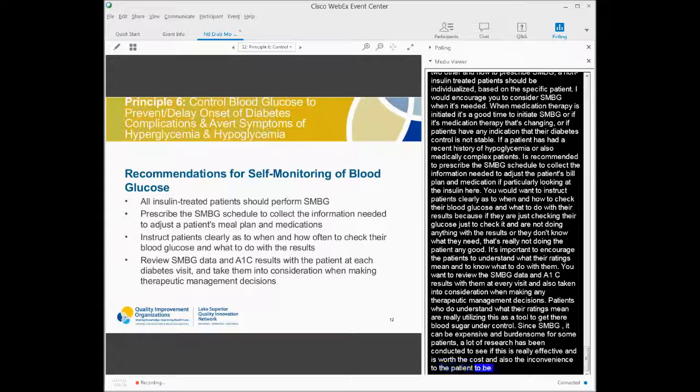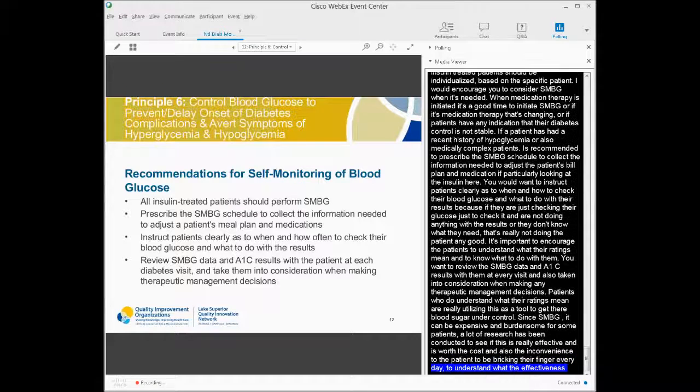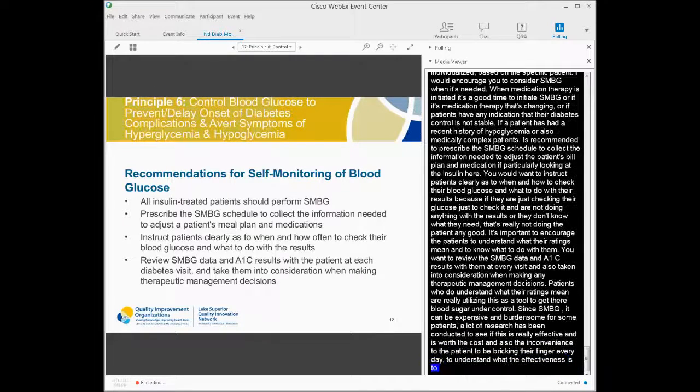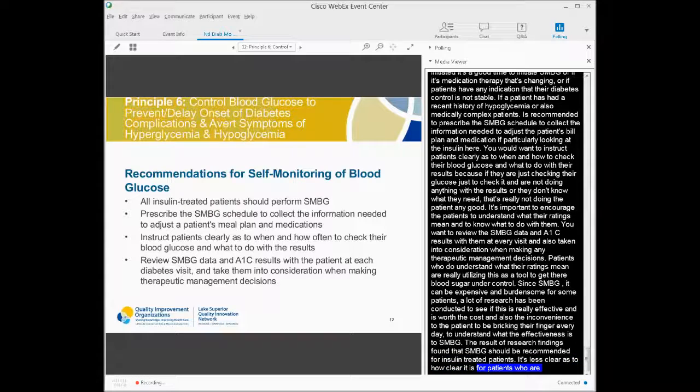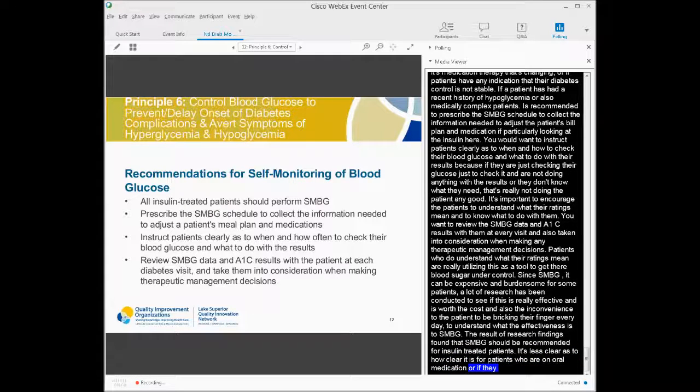The results of these research findings have come to a general agreement that SMBG should be recommended for all insulin-treated patients. It's a little less clear as to how effective it is for patients who are on oral medications, or if they're just managing their diabetes with diet and exercise lifestyle changes alone.